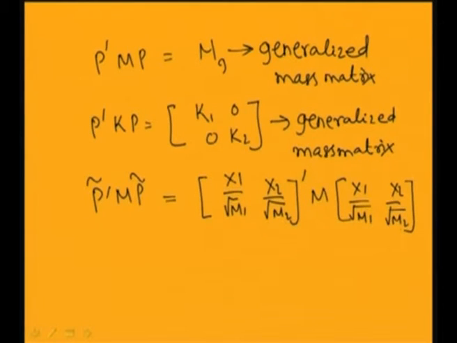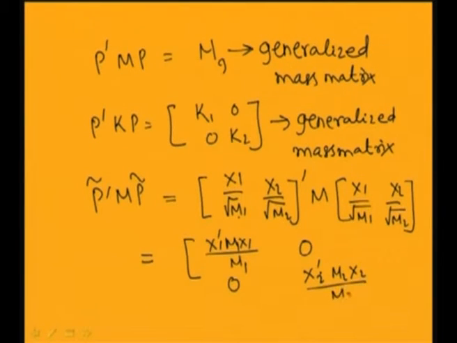By multiplying this you can find that this becomes x1 transpose M x1 by m1, which is 1, and similarly the off-diagonal terms are 0 and 0, and you can find x2 transpose M x2 by m2.